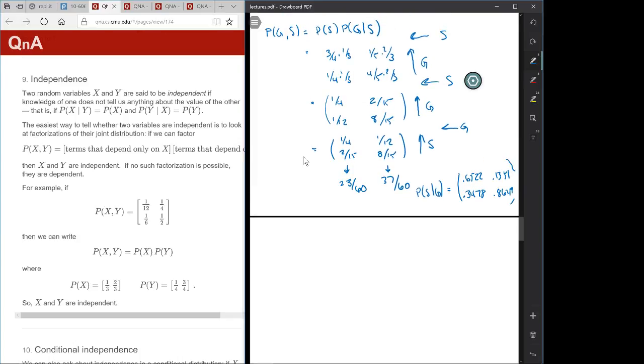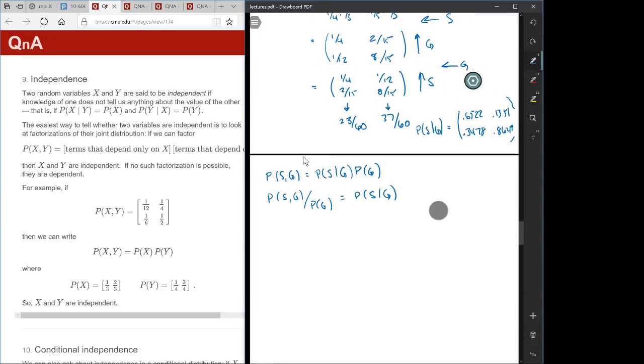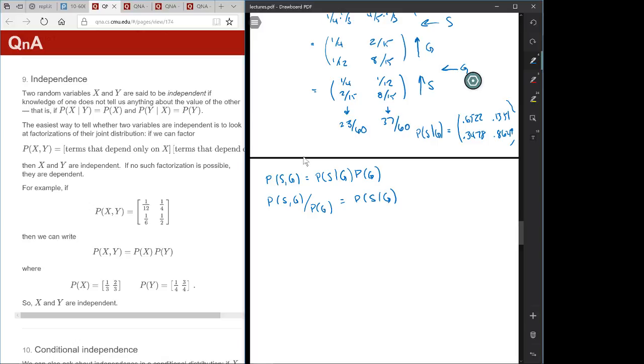In general, we know that P of S comma G is equal to P of S given G times P of G. And so we can actually just divide through by P of G. So P of S comma G over P of G is equal to P of S given G. To go from this joint to this conditional, what we need to do is divide this table by that table. This is the table of P of S comma G.